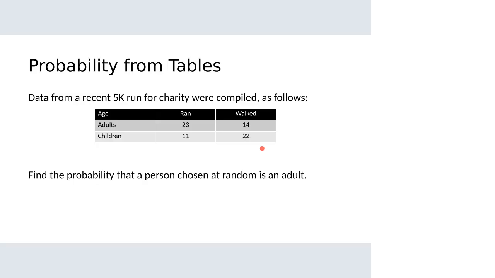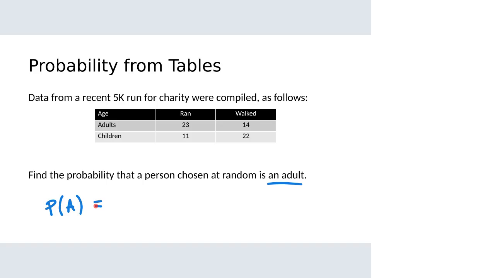They're all broken down into those categories in the table right there. Our job is to pick one person at random, so we have everybody's name in a hat, we reach in, pick out one name, and the question is: find the probability that the person chosen at random is an adult.